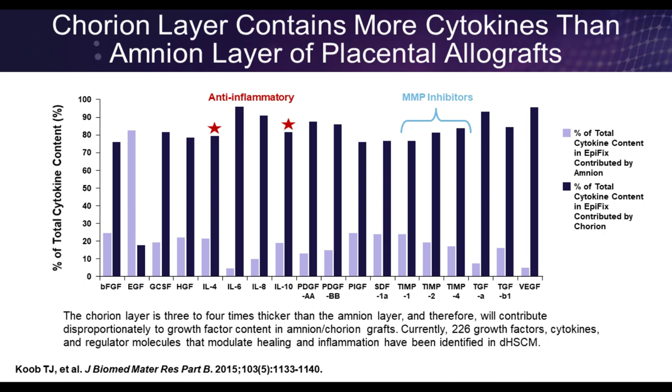And that's because the chorion is about 3 times the thickness, the mass of the amnion layer. And so that's where a majority of these regulatory proteins are found. Both the anti-inflammatory proteins and, for example, the MMP inhibitors are predominantly found in the chorion layer of the amnion-chorion matrix.